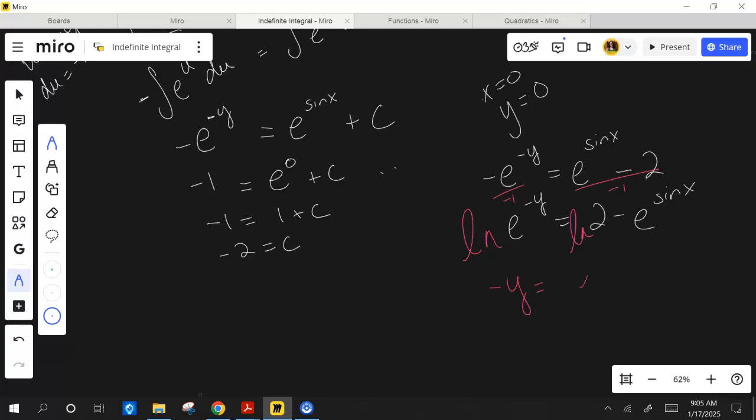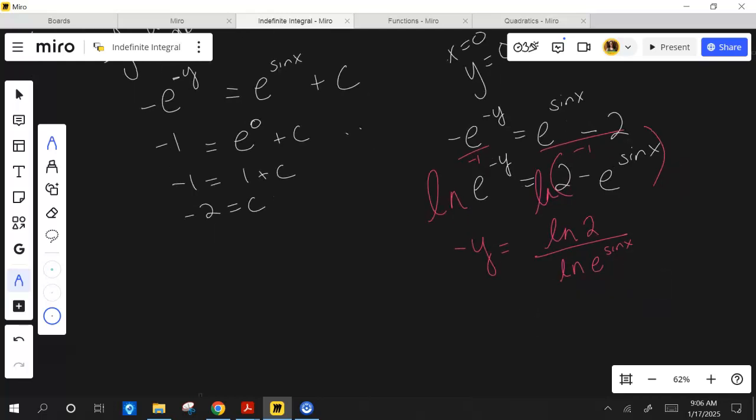I am actually going to make this log of 2 divided by the log of e to the sine x. Subtracting, because I'm doing the log of this whole side. I'm doing that because log and e cancel each other out. So I would just end up with negative y equals log 2 over sine x.